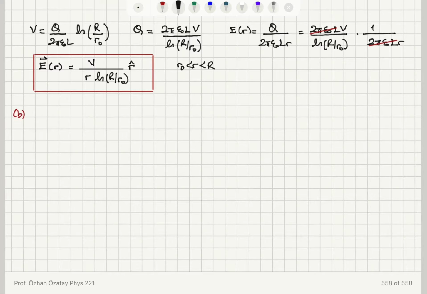Okay, so what I need to know is how the potential changes as a function of r.